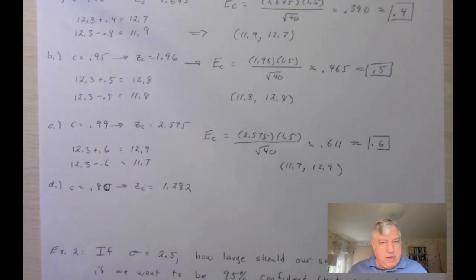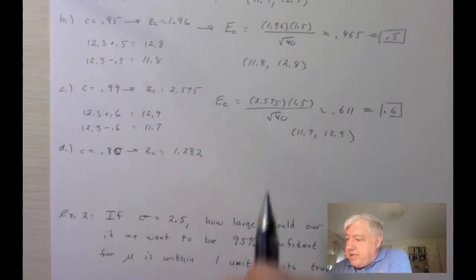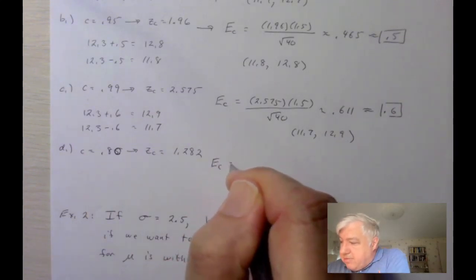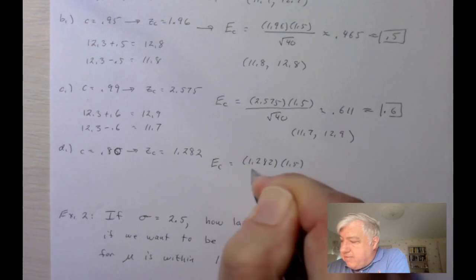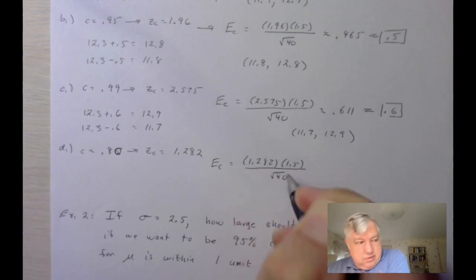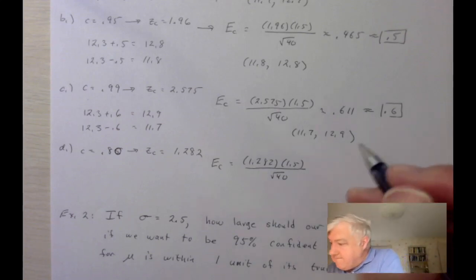All right. Finally, if we would do this for 80% confidence, E would be 1.282 times 1.5 over the square root of 40. And I think that's going to be approximately 0.3.